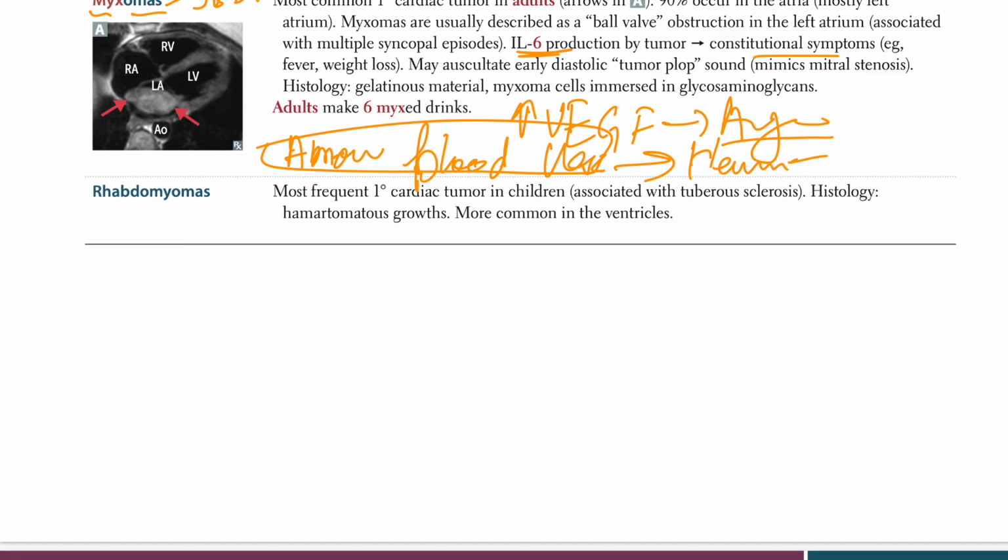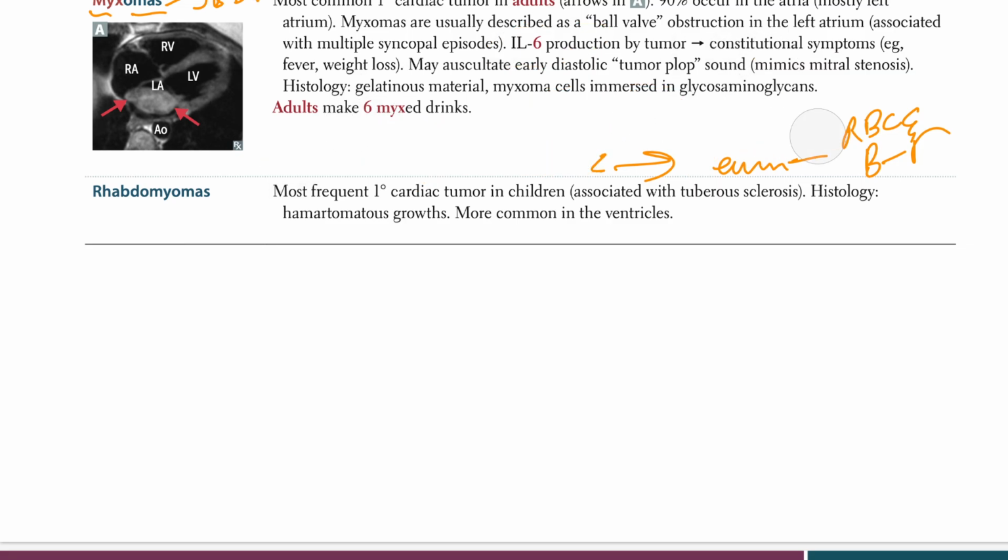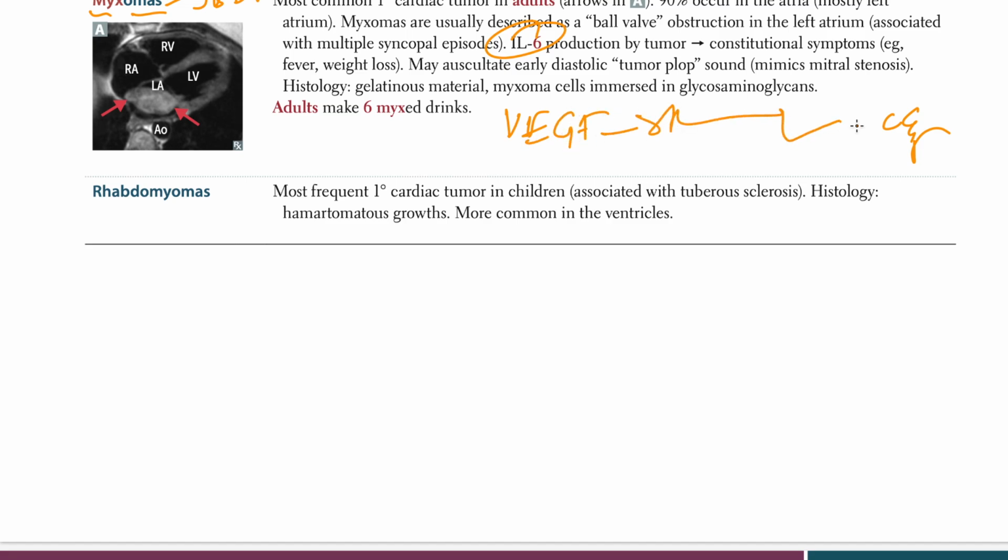Hemorrhage is going to be seen as RBCs and brown hemosiderin-laden macrophages, due to the increase in VEGF. So there is a production of IL-6 and VEGF, high yield VEGF for angiogenesis. Okay.